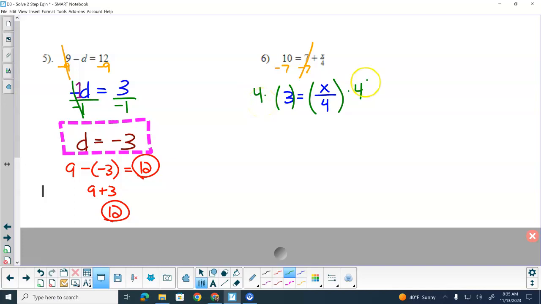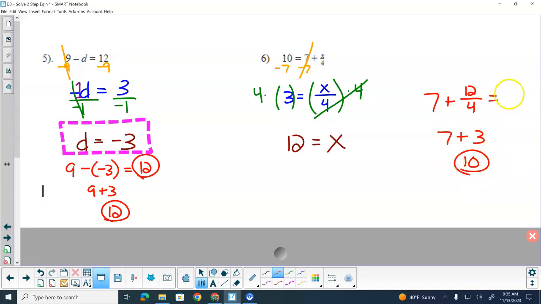That cancels these out. That leaves me with 12 equals x. When I go and check it, 12 divided by 4 is 3. 7 plus 3 is 10. And 10 is equal to 10.